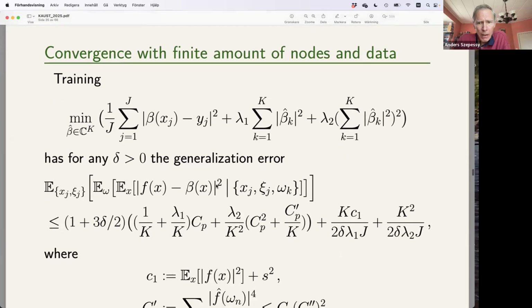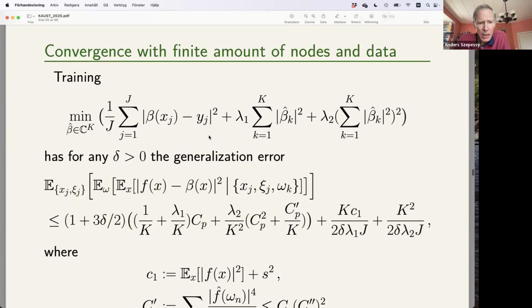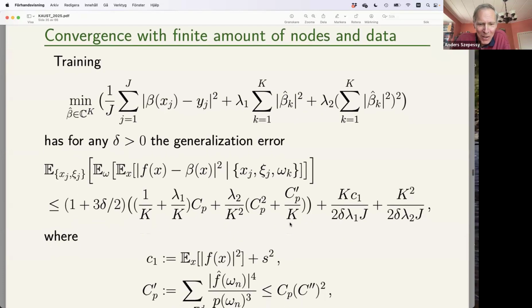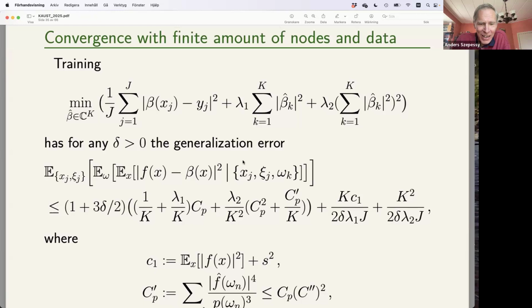Before stopping, I just mention that one can also generalize to a finite amount of data, and then one needs an improved estimate of the generalization error for finite data, which is more complicated, but that is what I gave a talk about a year ago at your conference. Anyway, this can be used in the same way for the resampling. Okay, so I think this is it. Thank you very much.